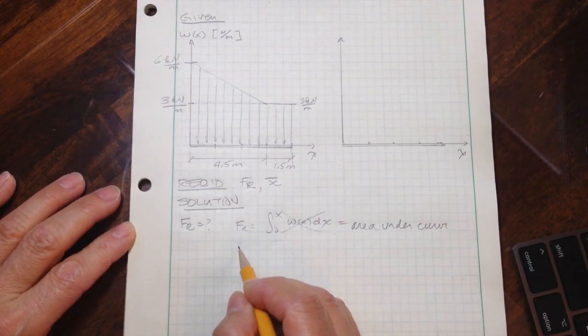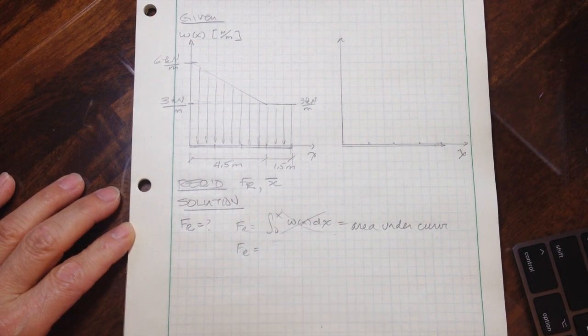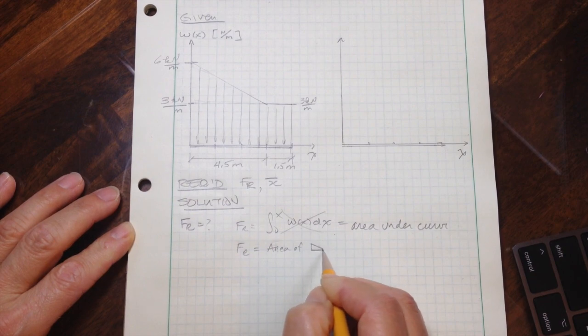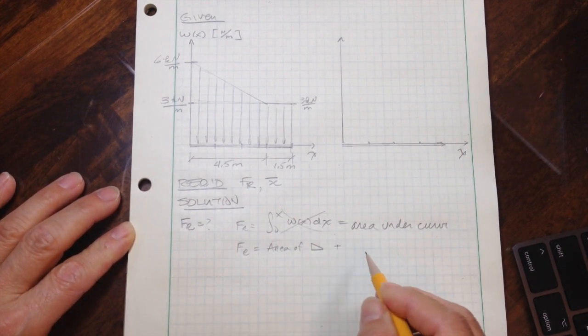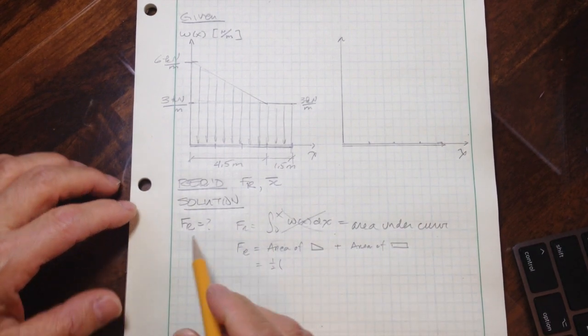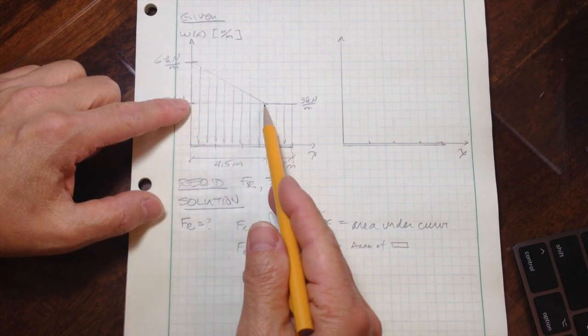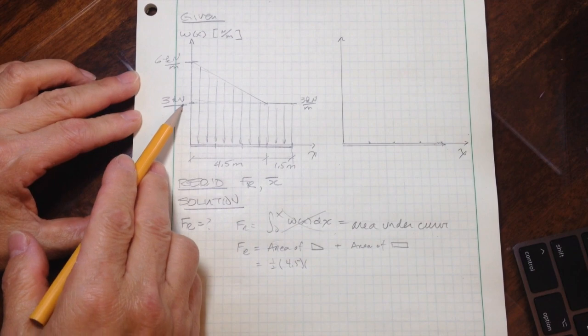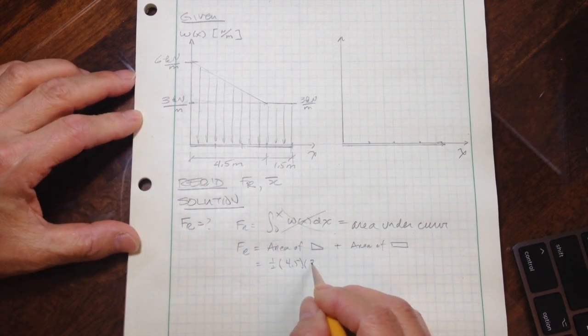So what we need to do is, to calculate the resultant force, I need the area of that triangle on the top, and I have to add it to the area of the rectangle. So that's simply 1/2 the base. Base would be 4.5 meters times the height. That would give me 3.